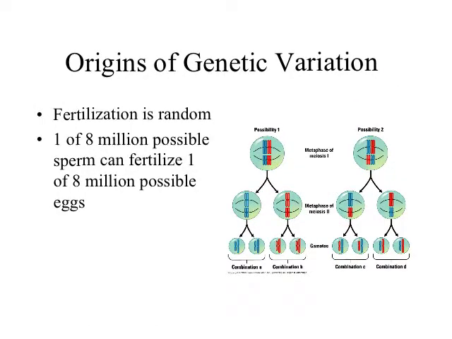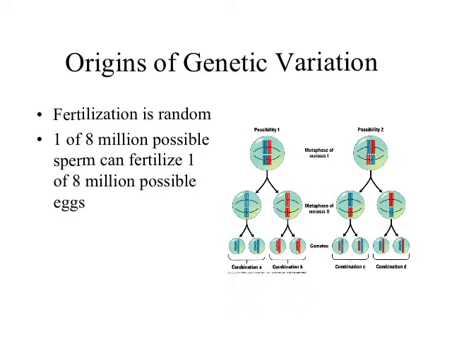So we said we get 2 to the 23rd power possibilities because we have 23 sets of chromosomes in our cells, so there are 2 to the 23rd power possibilities of how those tetrads come together in meiosis 1. That's the first origin of genetic variation.